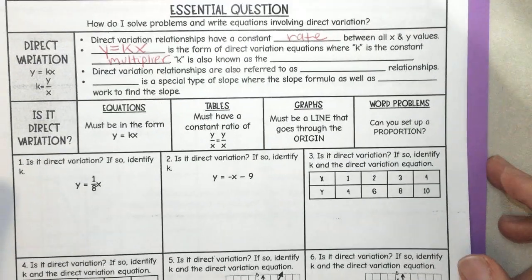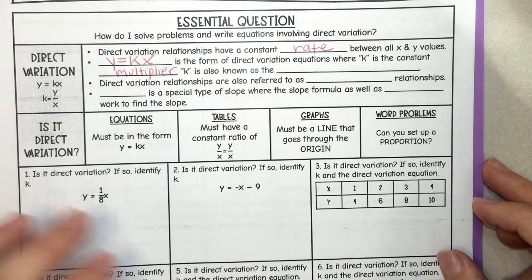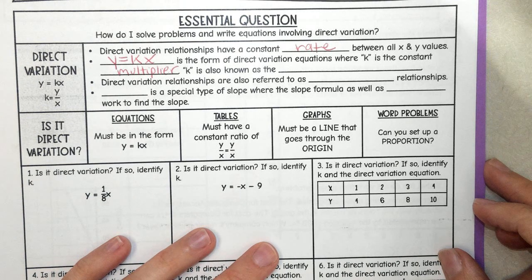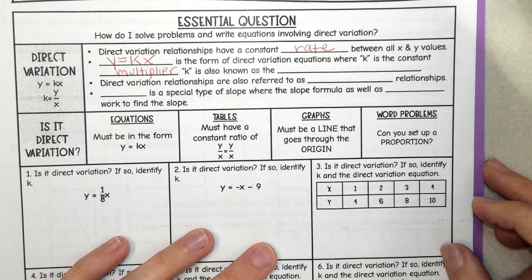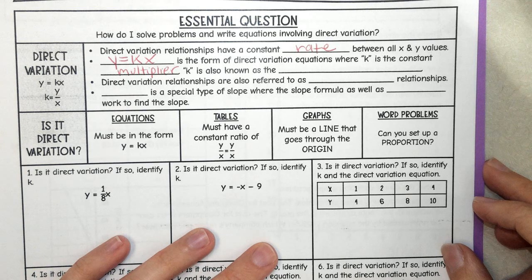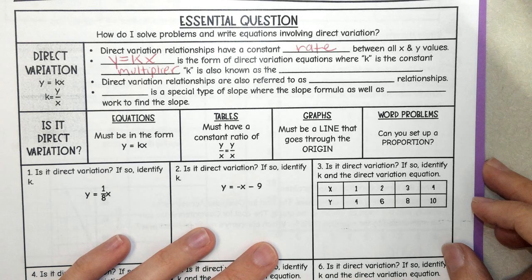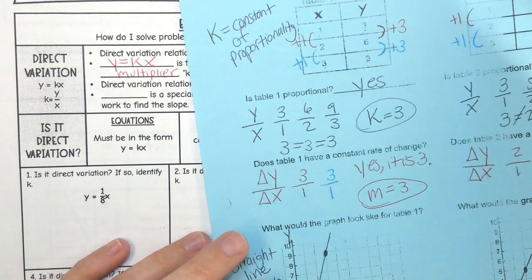Okay? k is also known as the, do you remember from your blue paper what we wrote down? k equals, do you remember what it was called? It's 3 words. Constant of, sounds like you're saying it. Proportionality, remember?